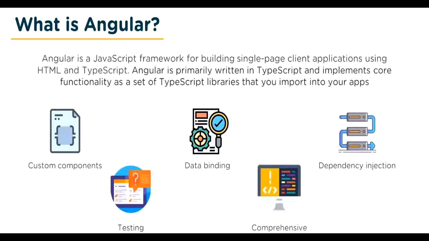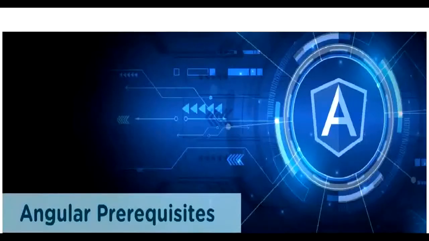Moving on, let's look at the prerequisites of Angular. Before you create your Angular application, you need to check whether you have these components on your machine or in your environment.